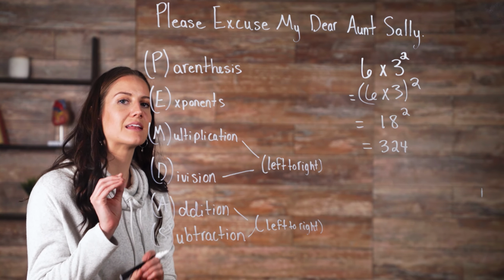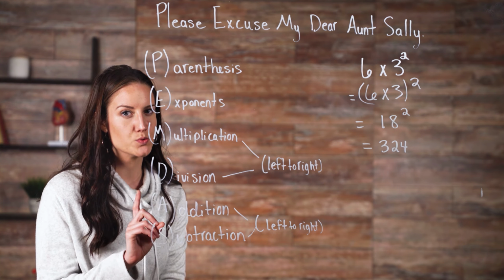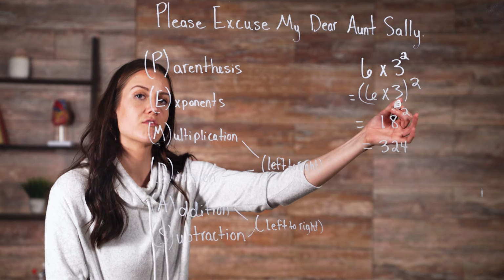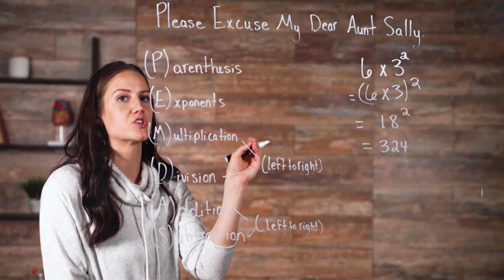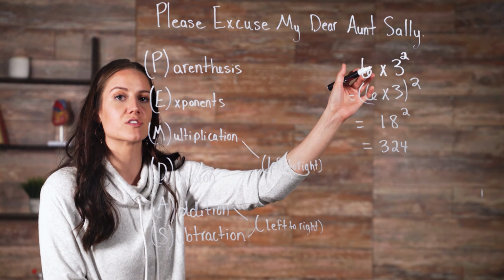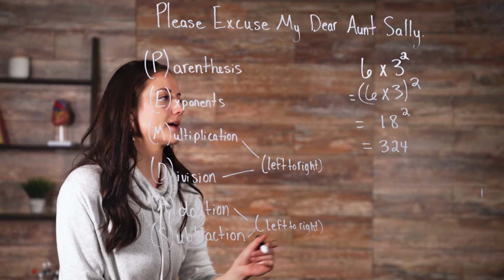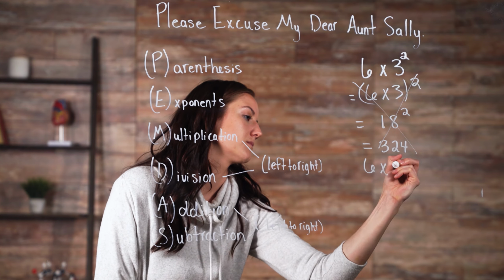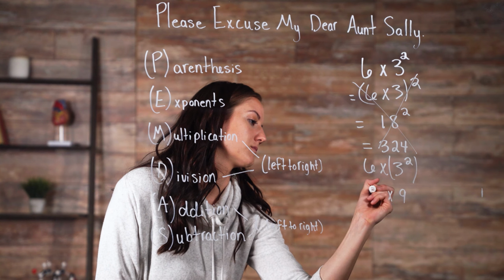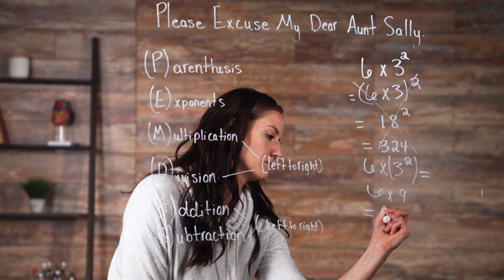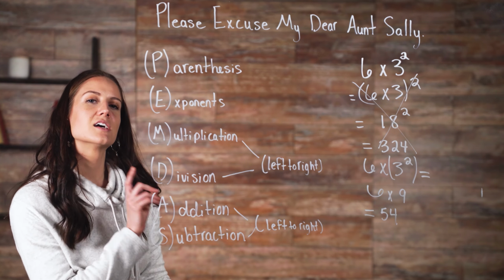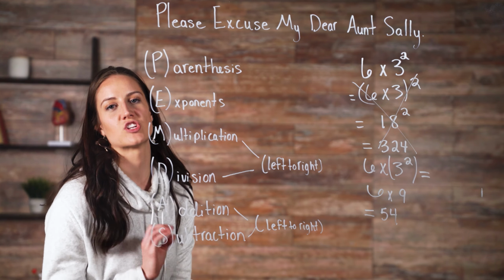Because you violated the order of operations. You do not multiply first. You perform an operation on the exponent first. This is how it should be done. See, solving the equation in the right order provides the correct answer.